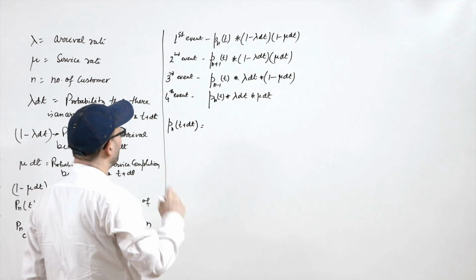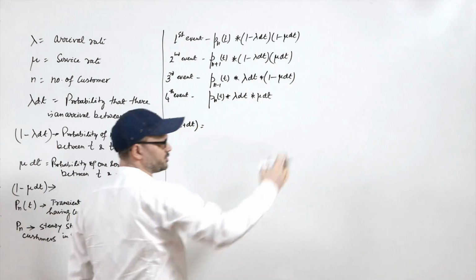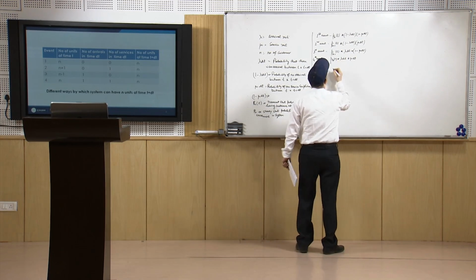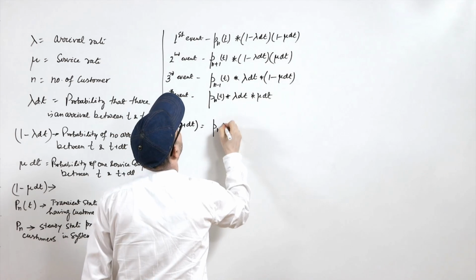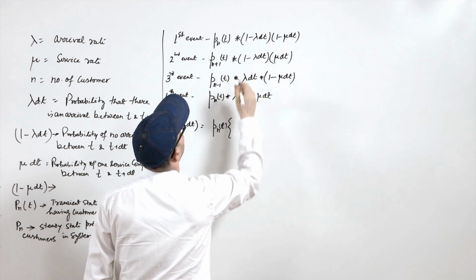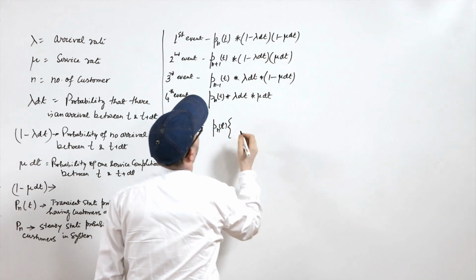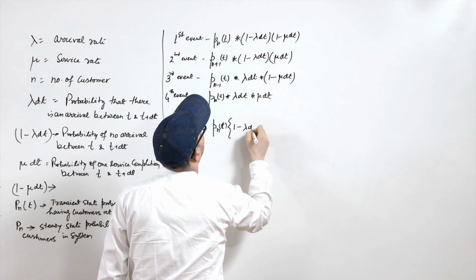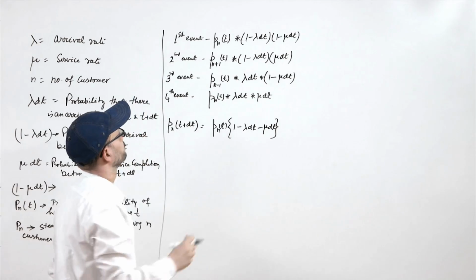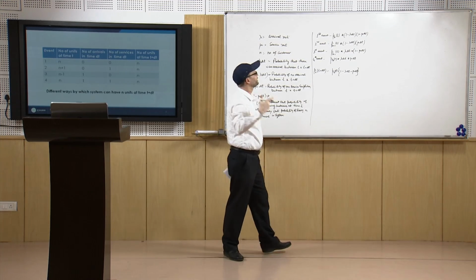Now, in this, what we will do is the dt square terms will be basically neglected. In that case you will have p n t into 1 minus lambda dt minus mu dt, because the last term is lambda mu into dt square, that is basically neglected.